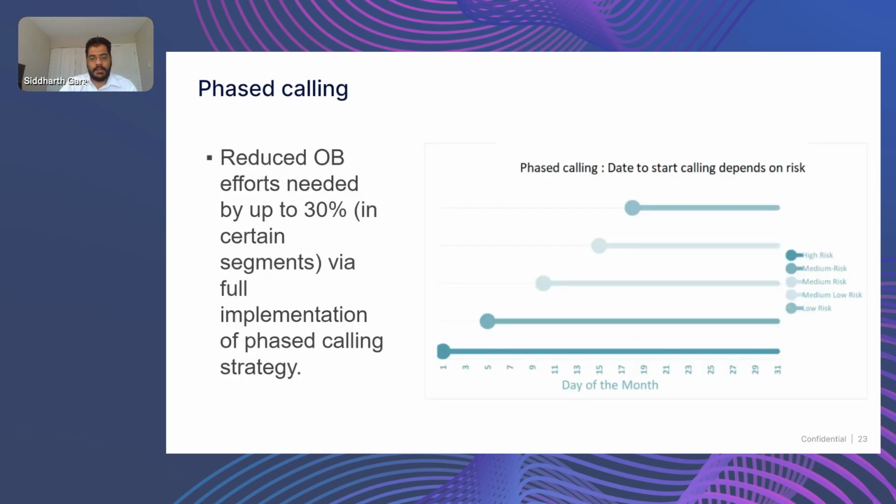Basically the diagram stays the same. Using this method, we have decreased the cost by 30% using this phased calling strategy. Low risk loans are followed late in the month, or we can just drop off following them, but the high risk loans can be followed at the start of the month.